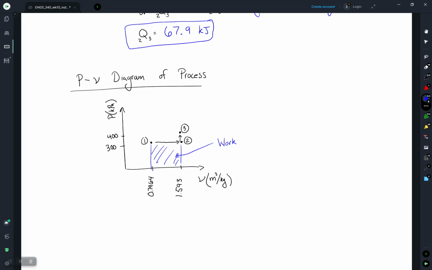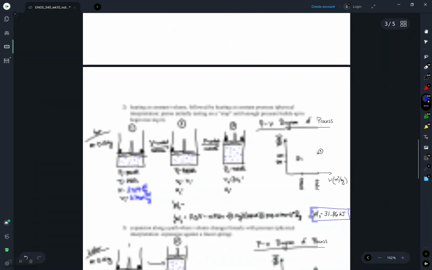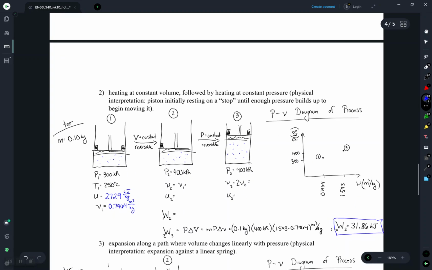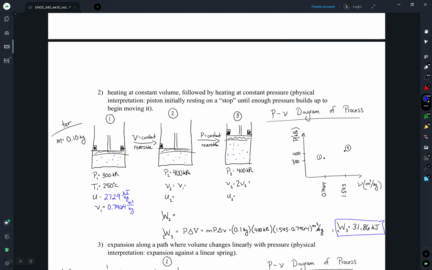So let's move on to the second different process. So again, I have a lot of this stuff already drawn out. So we have an initial state, which is 300 kPa and 250 C. It's the same initial state we had before.